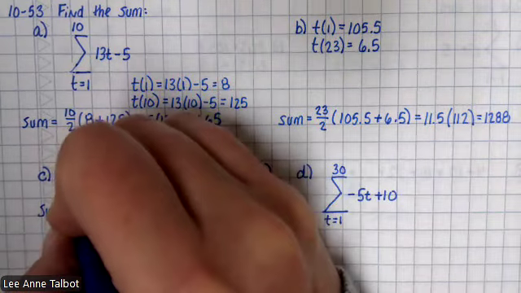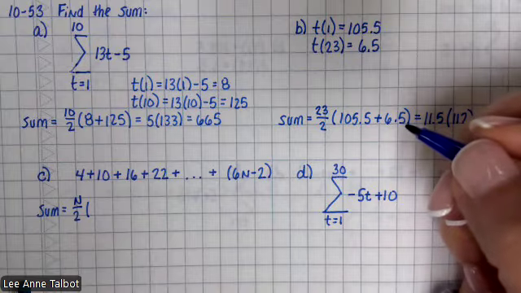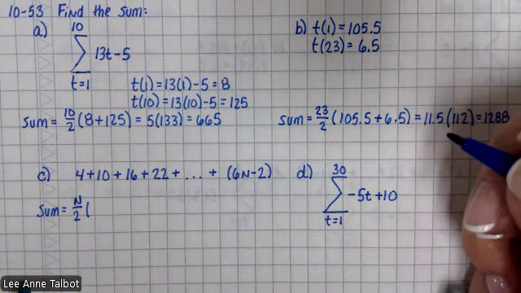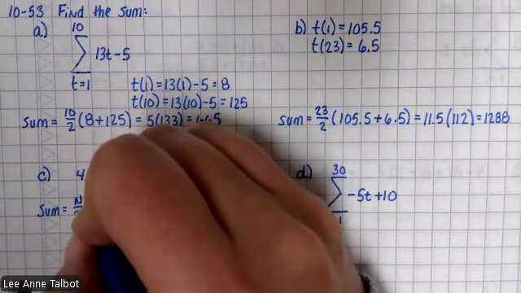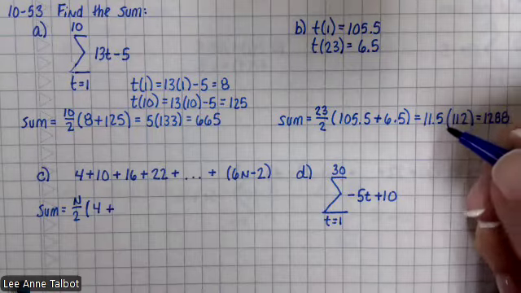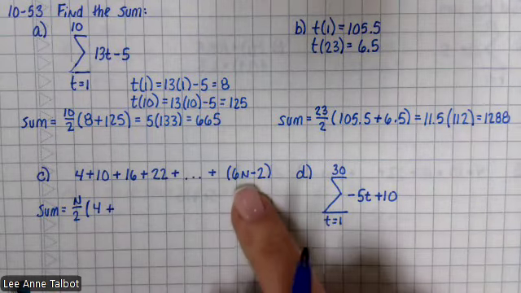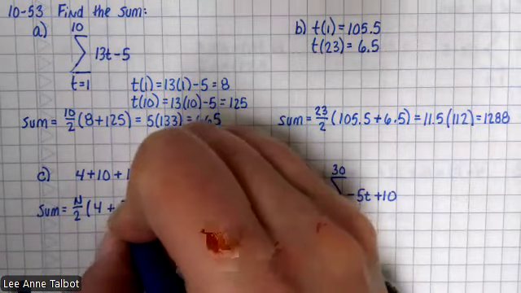No. What's the first term? Not term 0. 4. Okay, and then here's the really hard question. What's the last term? 6n minus 2.